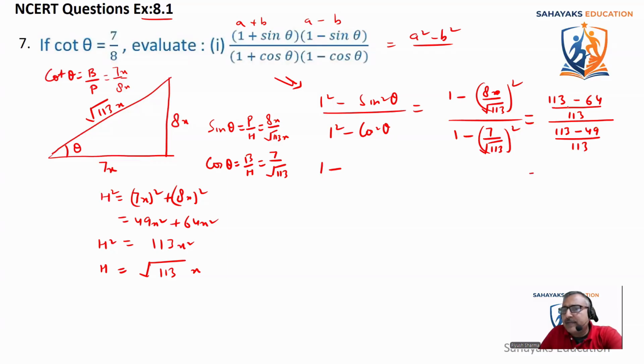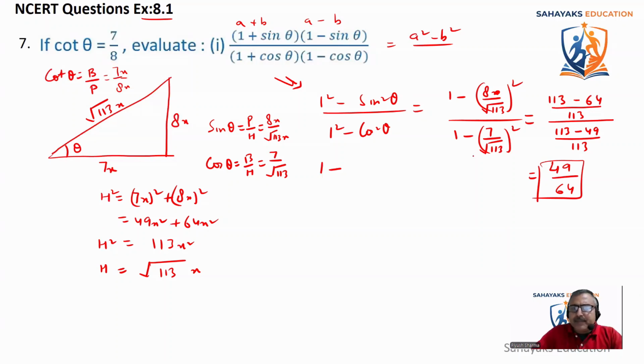It becomes 113 minus 64, which comes out to be 49, divided by 113 minus 49, which is 64. So the total value comes out to be 49 by 64.